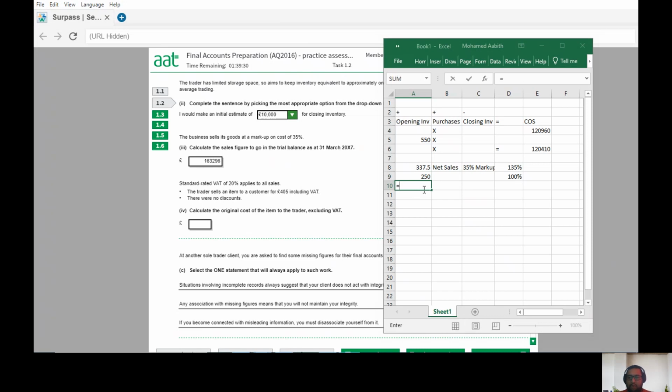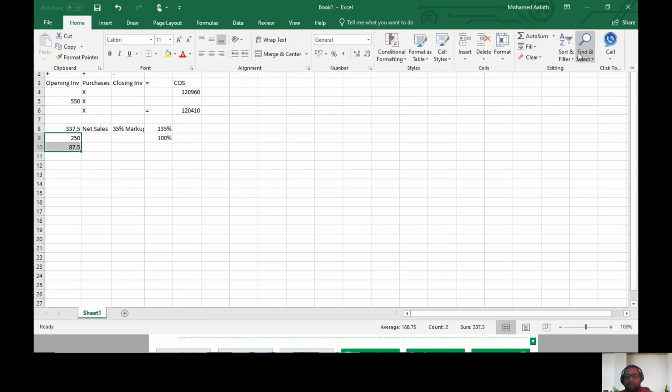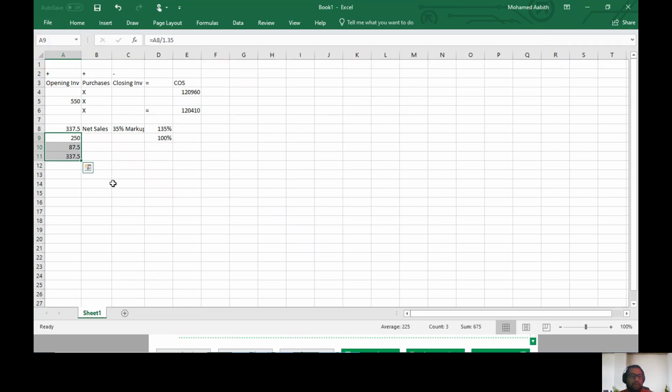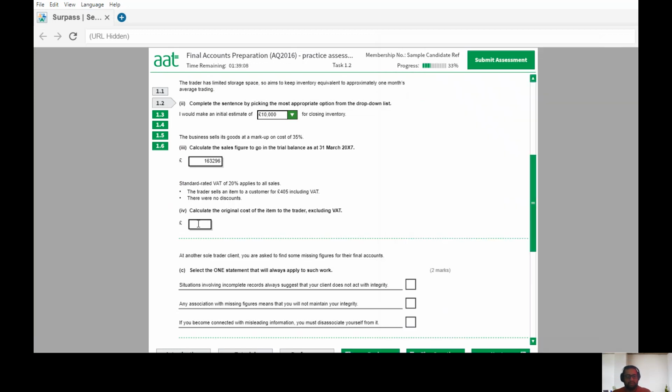So this is going to be equal to this, multiply by 0.35, and then you're going to add these two together. 335 there. Okay, so that is how I got to that answer. But again, you shouldn't take that long for this. It's a fairly straightforward calculation.